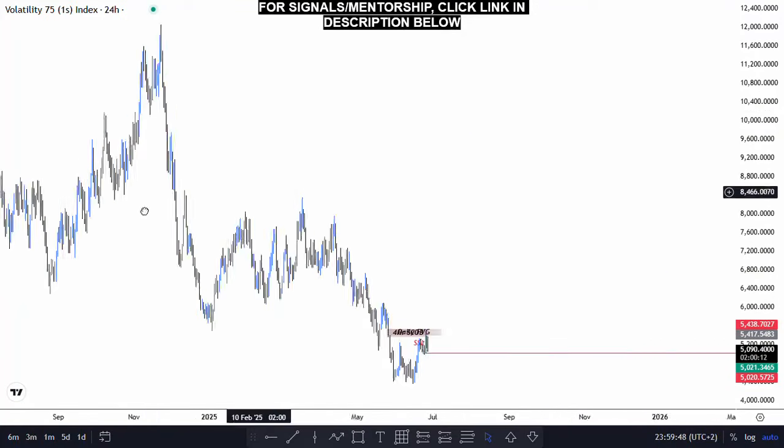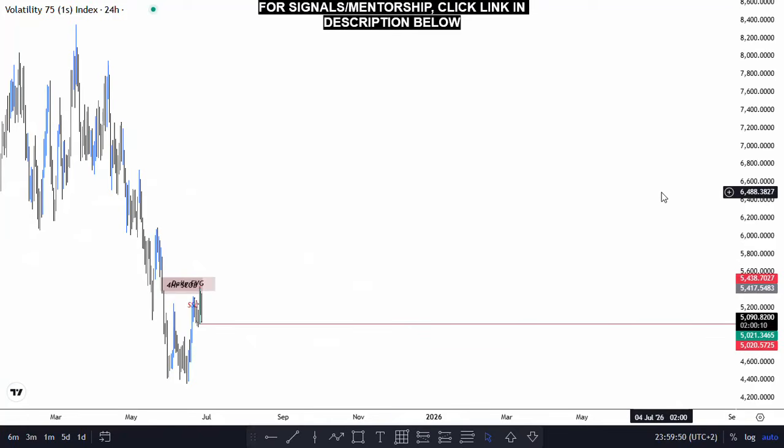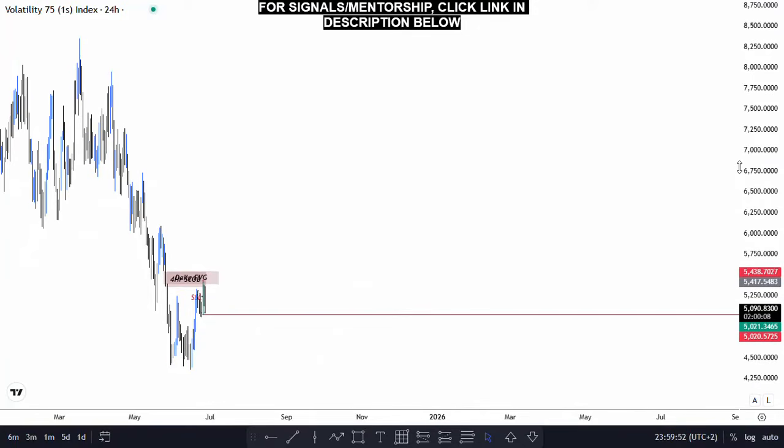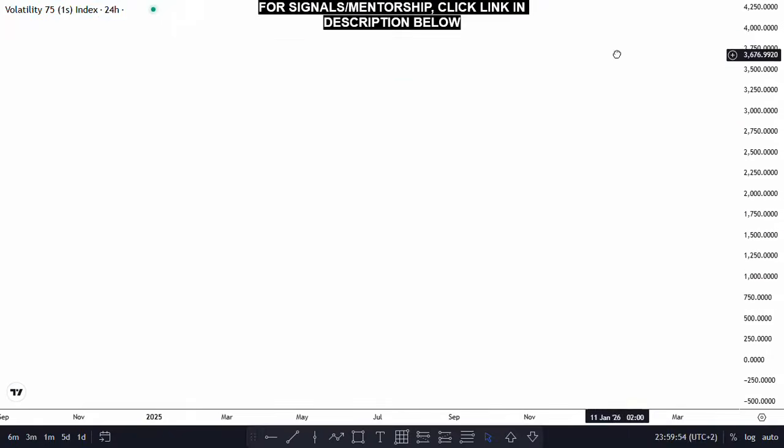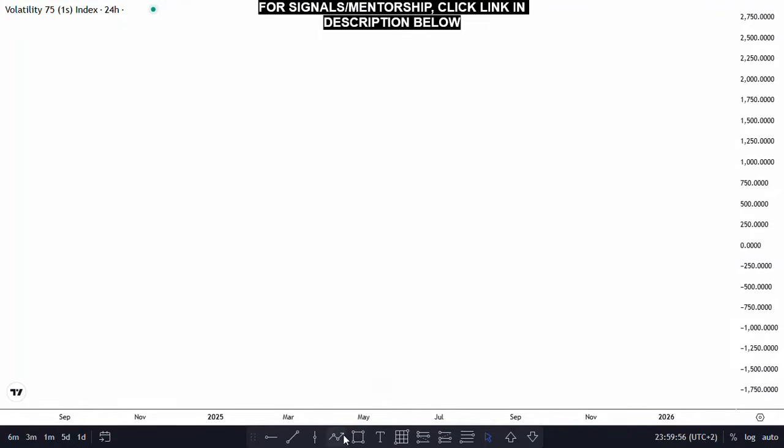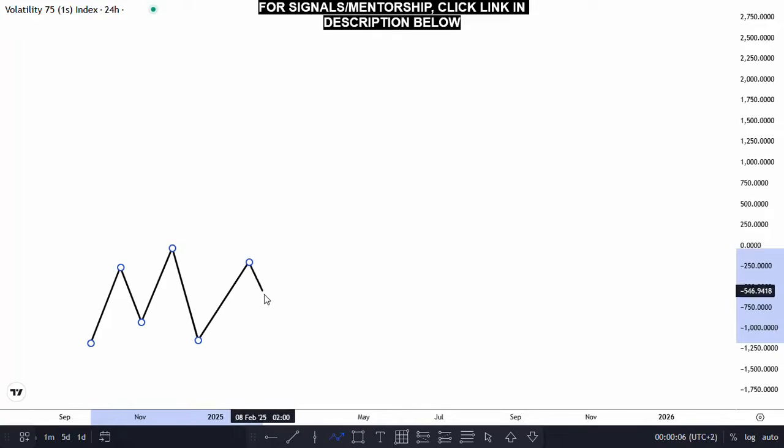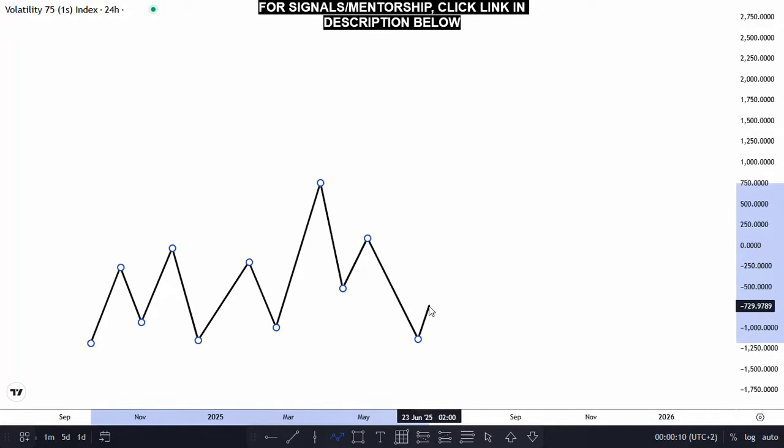When I say trending market, let me show you. Most of the time when dealing with currencies, price moves like this: it goes up, goes down. That's how it is with currencies.